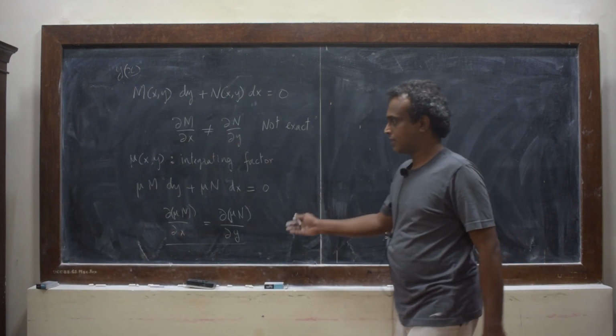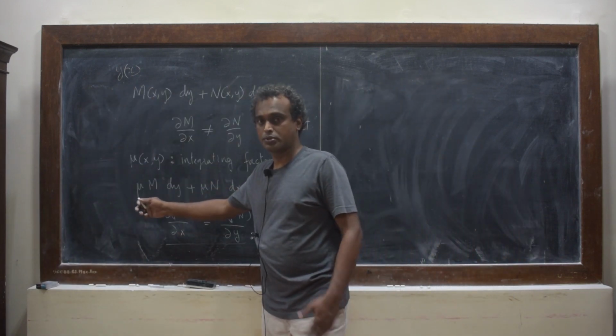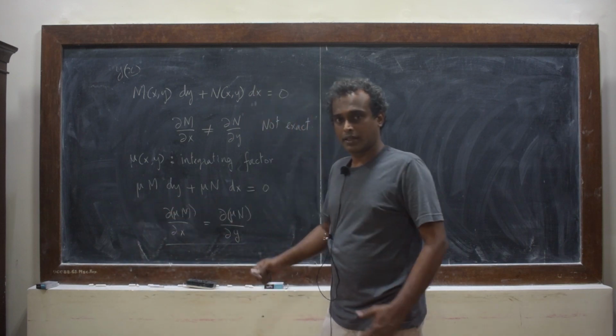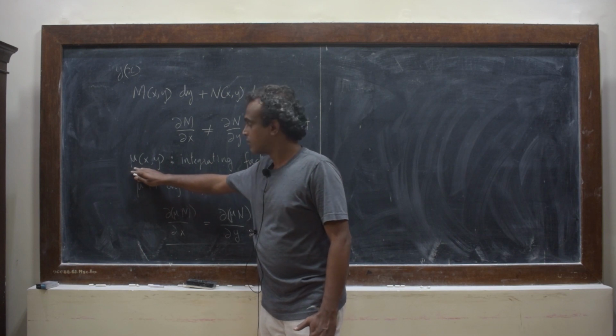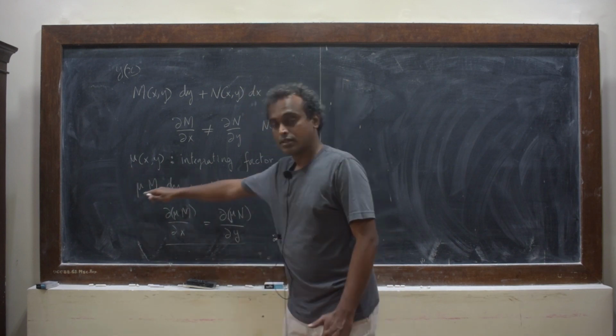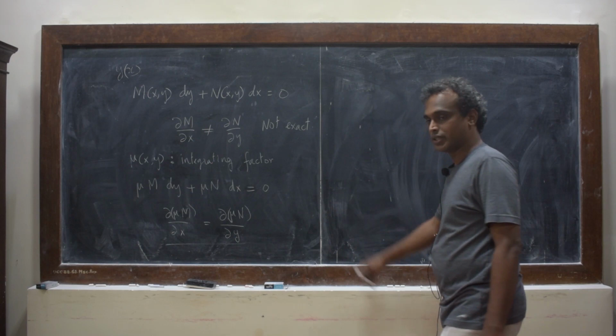It should be noted that this integrating factor is often not a unique function. However, a class of functions would also serve as an integrating factor. We will not go into the details of this claim.